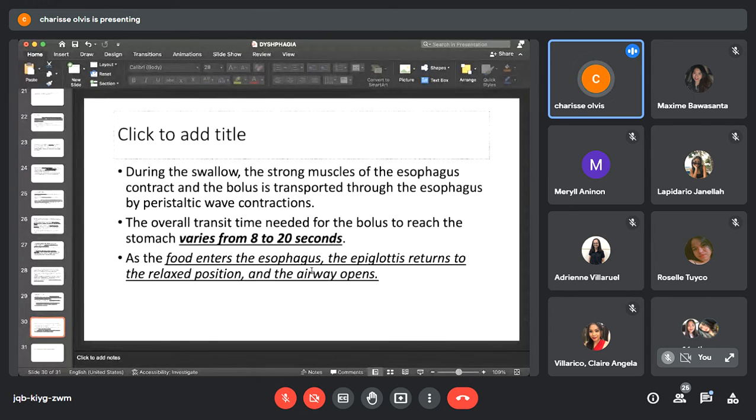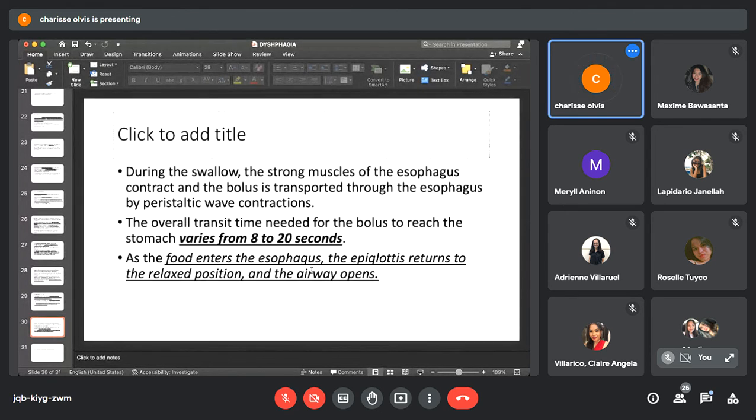So you look at and review the client factors. Where is the problem? Is it in the muscle tone? Is it in the muscle strength? Sensory problem? Or it could be the cognitive problem.